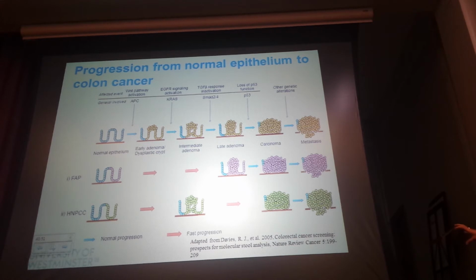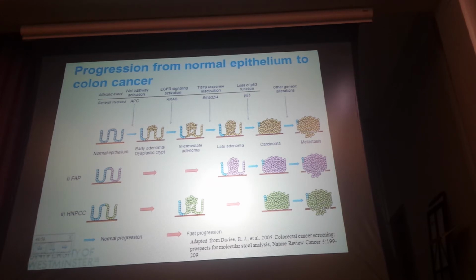And at the bottom, you have the other example with HNPCC. So if you remember the previous slide, HNPCC develops in adults, around 40 or 50 years old. FAP is more in kids, so it's a really early onset. And then sporadic colon cancer is later on, when it's 60, 70, 75 years old.